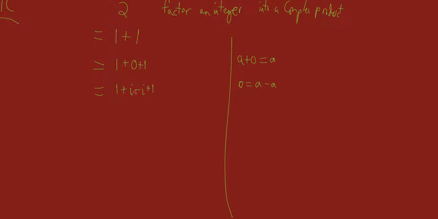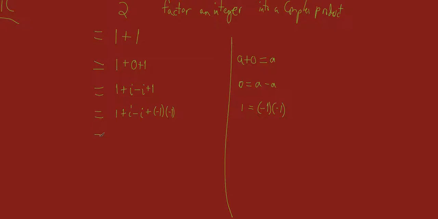So 0 equals I minus I. Then here, what I'm going to do this time is I'm going to do 1 equals minus 1 times minus 1, right? So 1 plus I minus I plus minus 1 times minus 1.